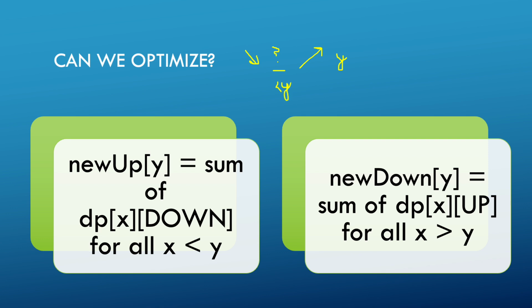So for all x less than y and a downward move, we'll do a summation. And when we do this sum, we'll get this value. Same for the down direction. So yeah, this is how we come up with the formula.